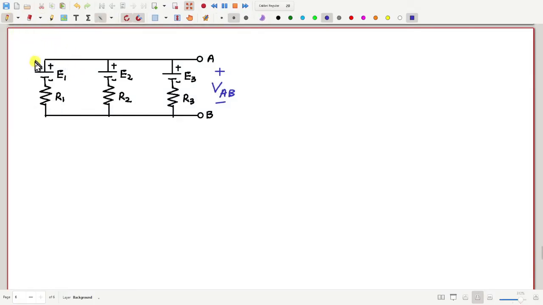Now the task is to find out VAB using nodal method.